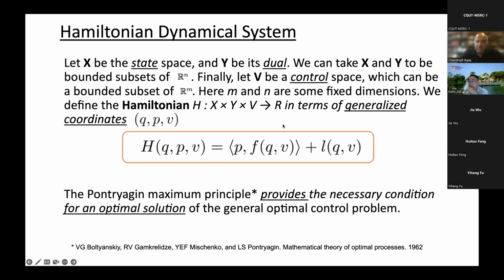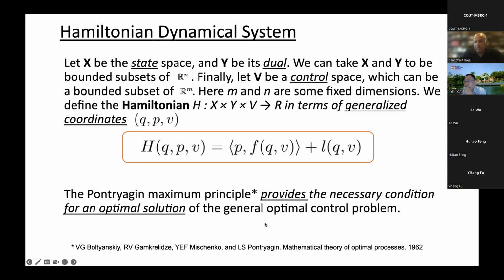Then the Hamiltonian that governs is this inner product of P and this unknown F, and of course your cost functional L(Q,V), the cost of moving. And so this Hamiltonian governs the entire motion under control, right?